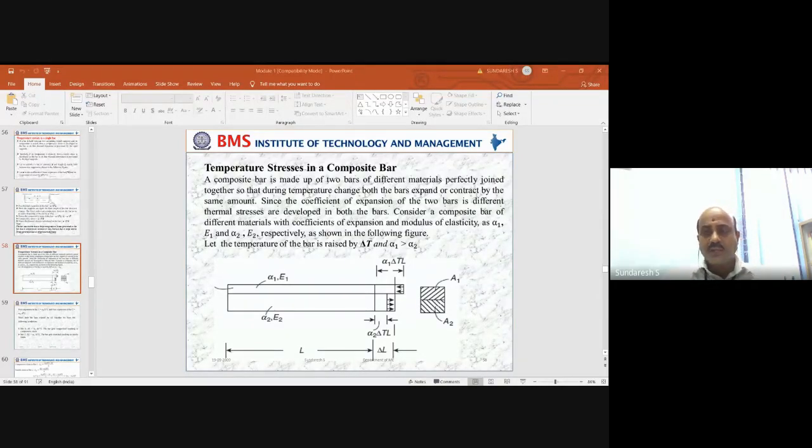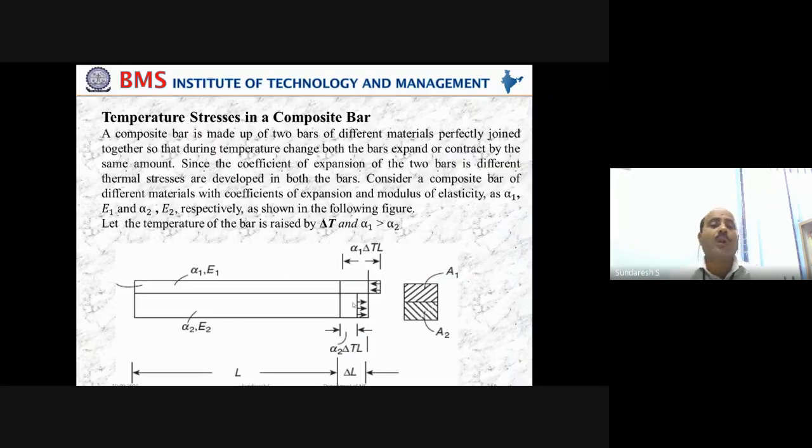Today I will take you through a composite bar, how it behaves, and how to analyze it when it undergoes a change in temperature. Analysis means determination of stresses and strain in the corresponding bars. So let us consider a composite bar. The topic is temperature stresses in a composite bar.